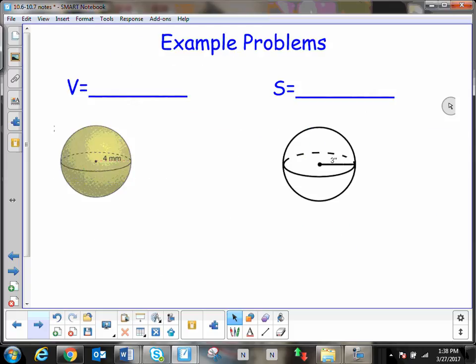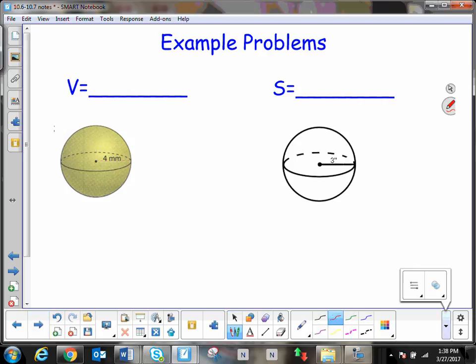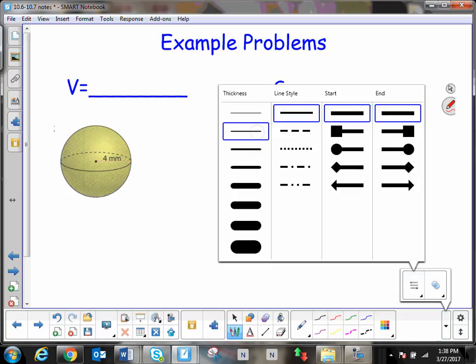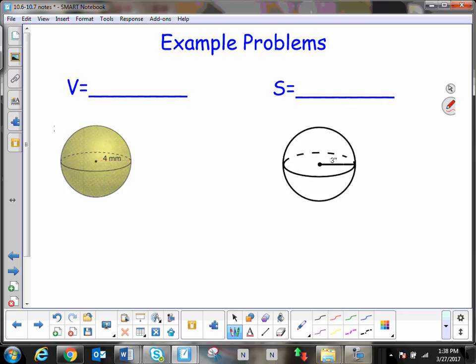So this first one, I'm going to leave my answer in terms of pi, just because I think it's easier. And then if you want to change it to decimal answers, you can. For volume, it's 4/3 pi r cubed. It's real simple.